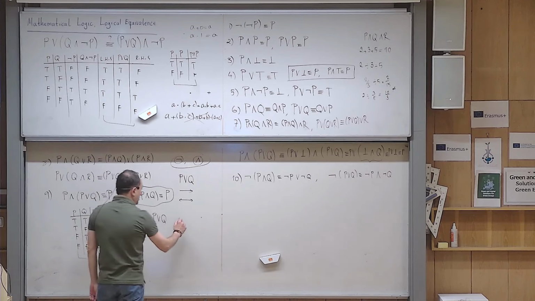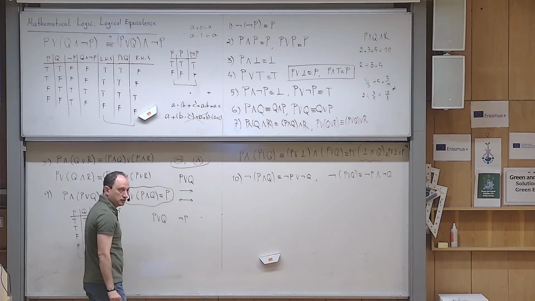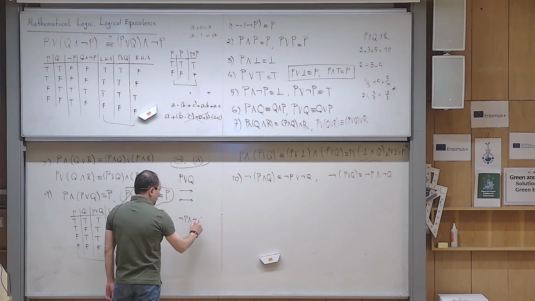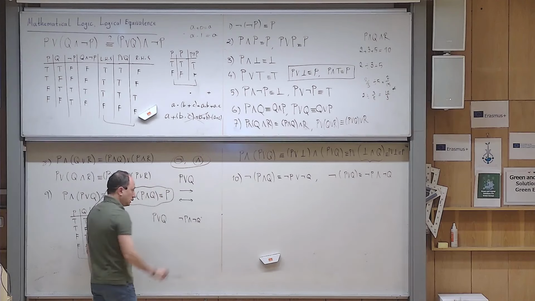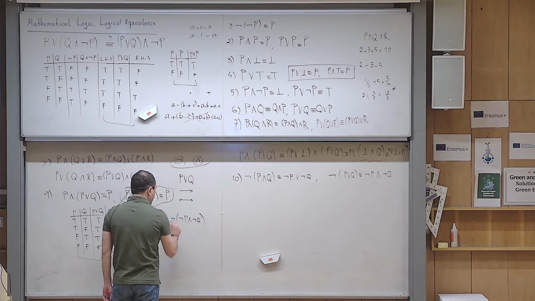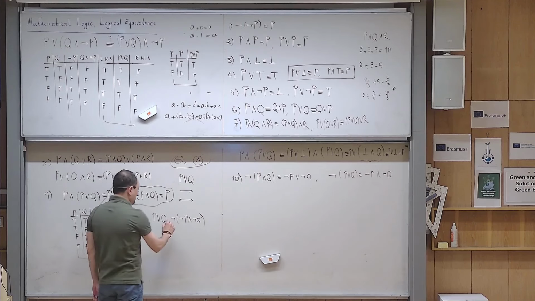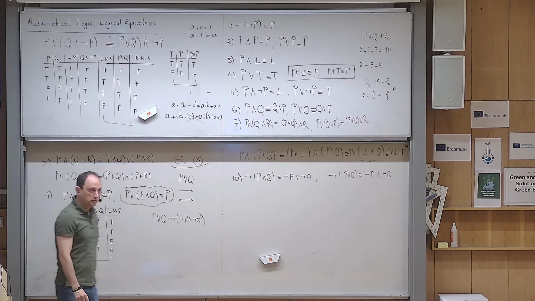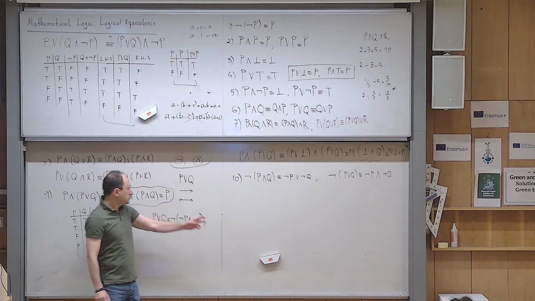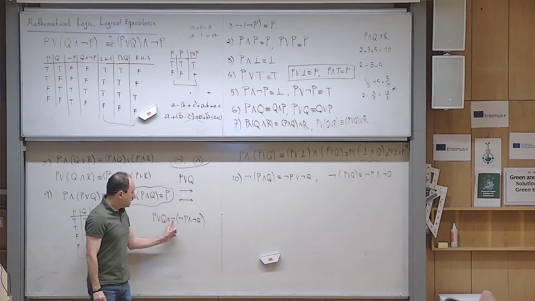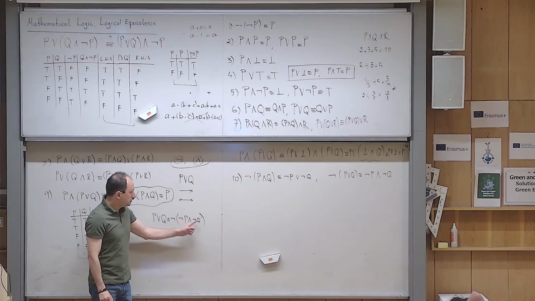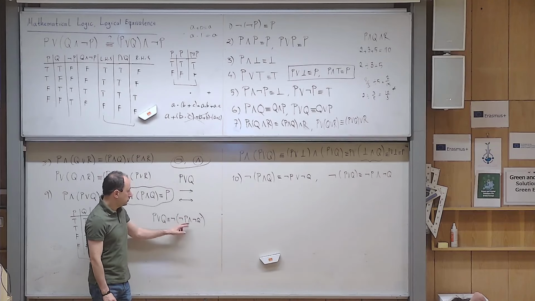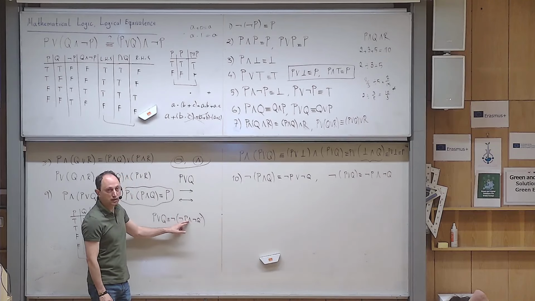So you would write negation of P and negation of Q, and then negate the whole statement. So it becomes this. Am I right? Because according to De Morgan's law, this negation goes for the first one and goes for the second one, but the price that you have to pay is to change a conjunction to disjunction.